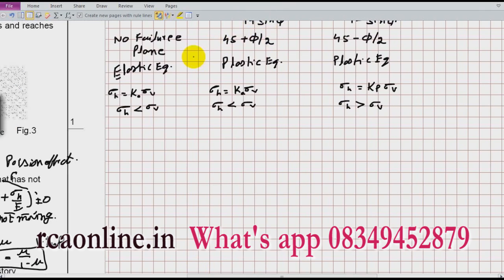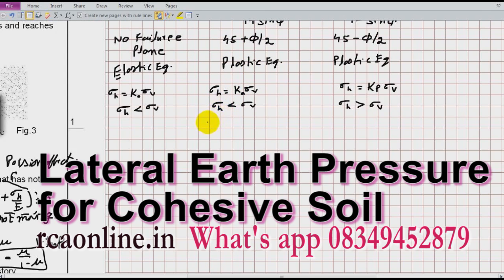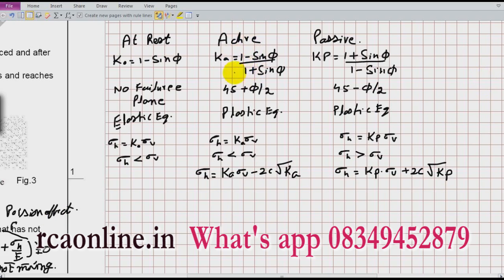Also, the most important part is for the active case, sigma h is equal to Ka sigma V minus 2c root of Ka, and for the passive case, sigma h is equal to Kp sigma V plus 2c root of Kp, and I have explained Ka and Kp.